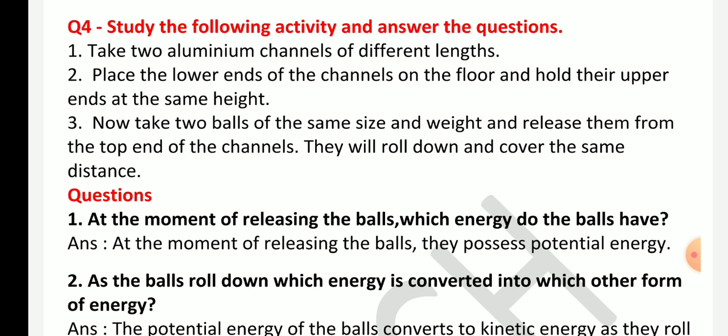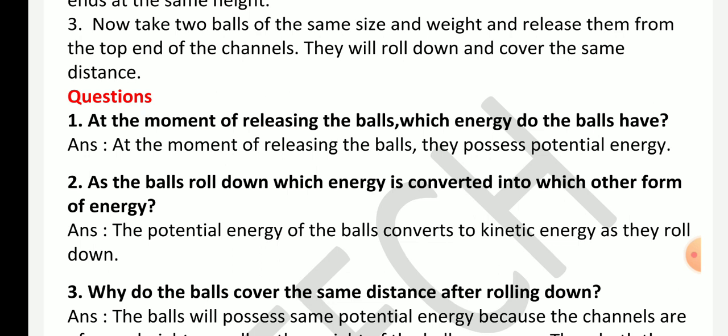First one. At the moment of releasing the balls, which energy do the balls have? Answer. At the moment of releasing the balls, they possess potential energy. Isn't it, children? Yes. Second question. As the ball rolls down, which energy is converted into which other form of energy? Correct. The potential energy of the balls converts to kinetic energy as they roll down.